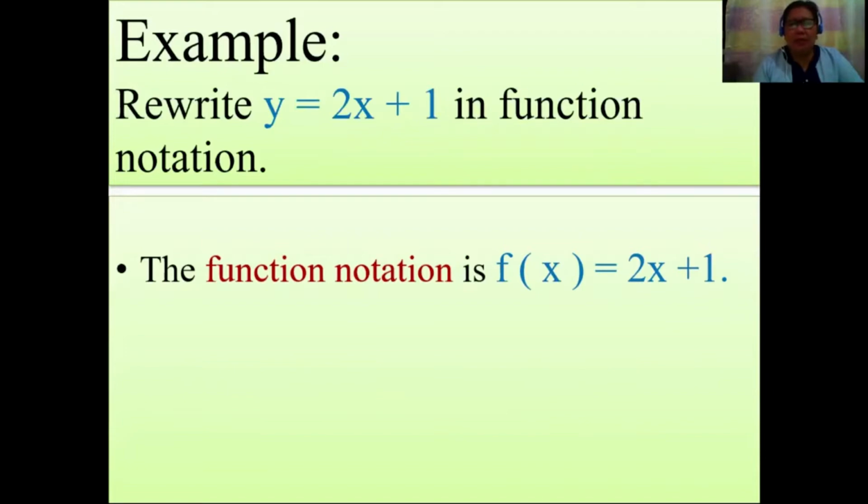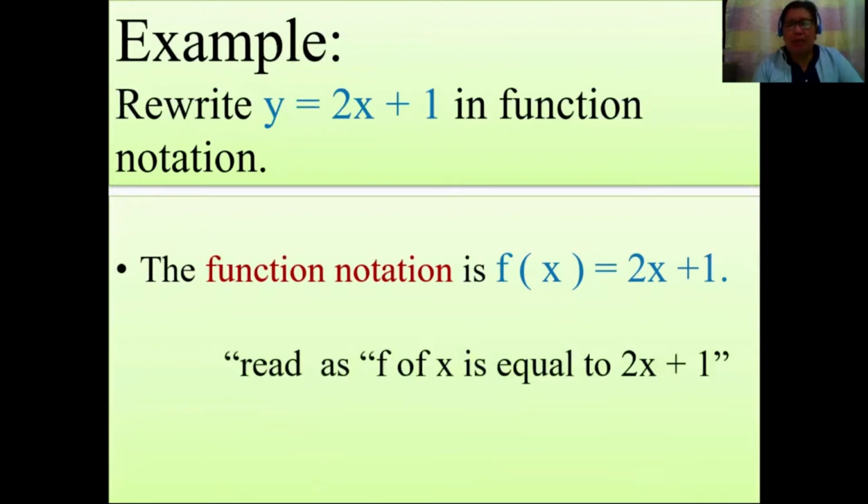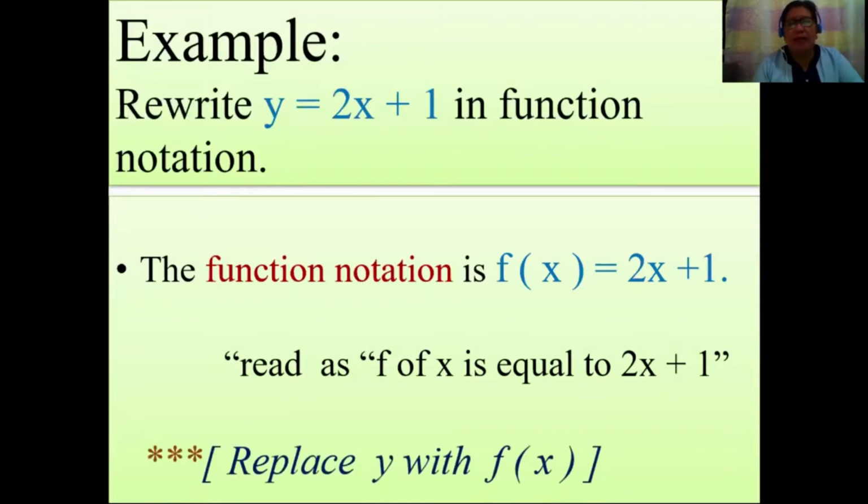So the function notation now is f of x is equal to 2x plus 1. Again, this is read as f of x is equal to 2x plus 1. So how to rewrite this equation? All you have to do is to replace y with f of x.